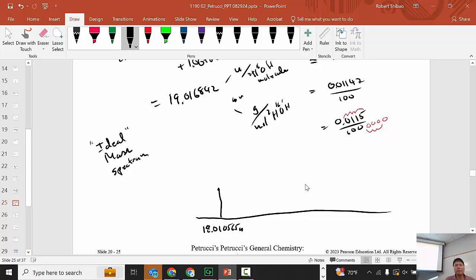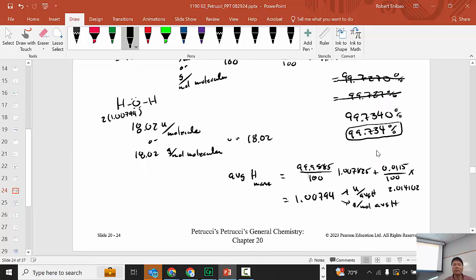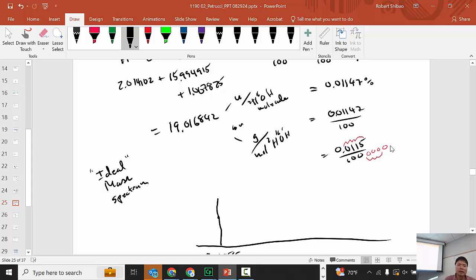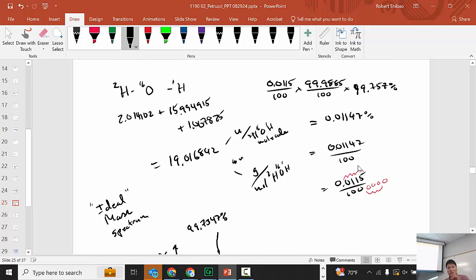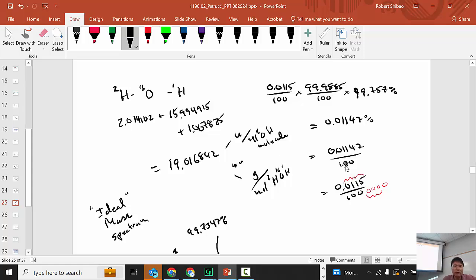This is going to be the biggest peak, because if I look at the relative abundance, it's going to be 99.734%.